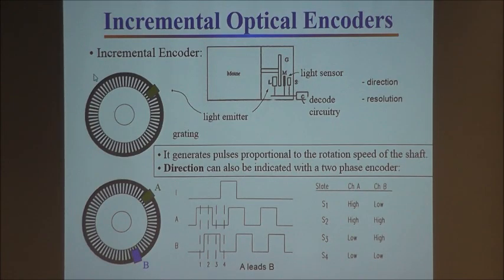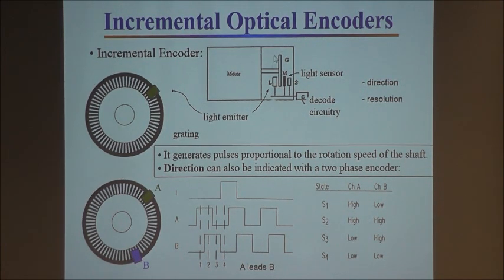So this is how the encoder works. There are two kinds, the incremental encoder. What you have here is the motor. You have a shaft, and the encoder is mounted on the shaft. The light source sends the light through, and then it's detected here. Light goes through these holes.